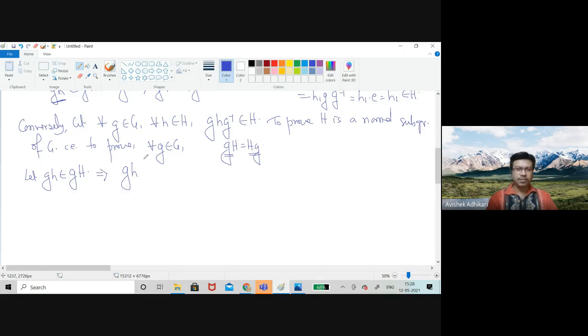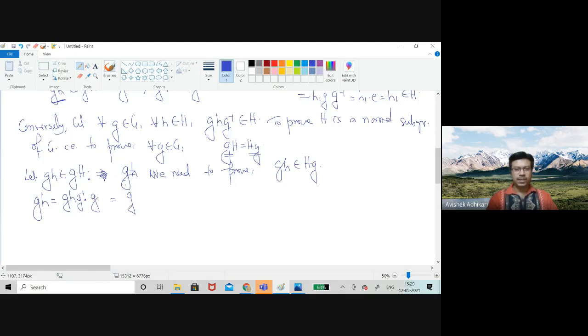That means, if we write it in a detailed way, we need to prove gh belongs to Hg. Just switch these two elements. gh should be equal to hg kind of thing. That will be sufficient. Now you can write gh like this, g h g inverse, and then what is extra here? g is extra, so you can put g like this.